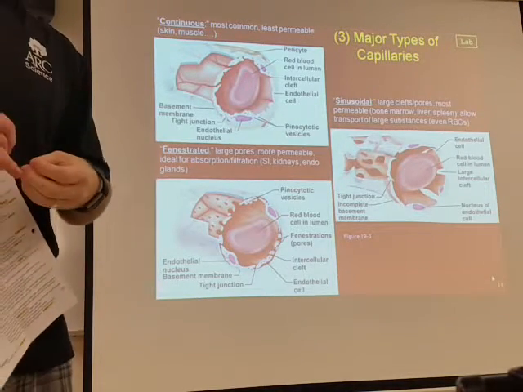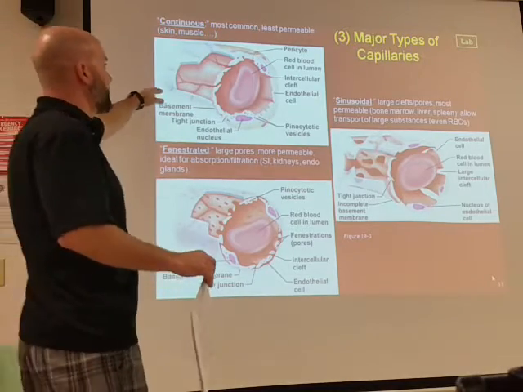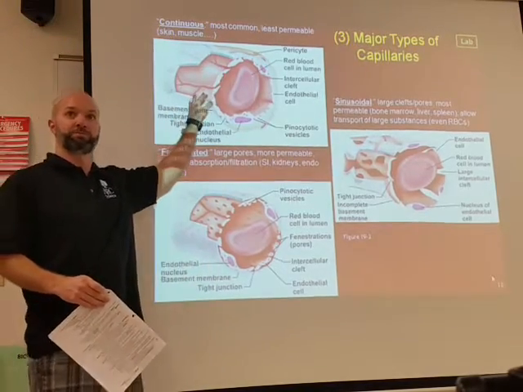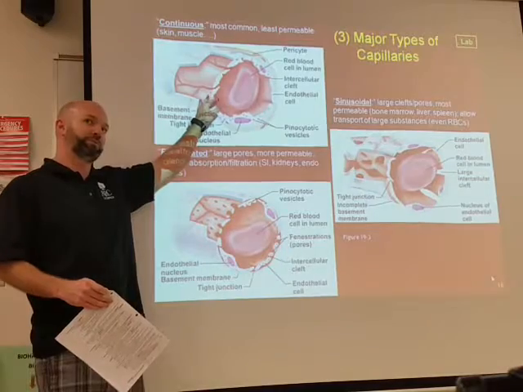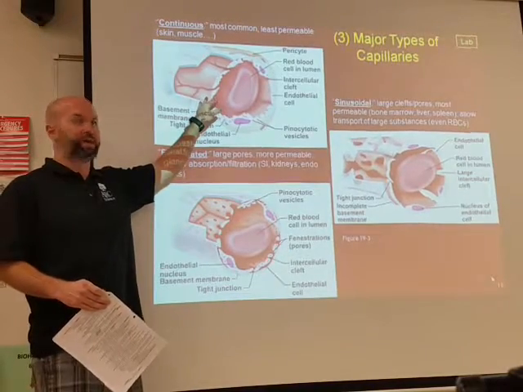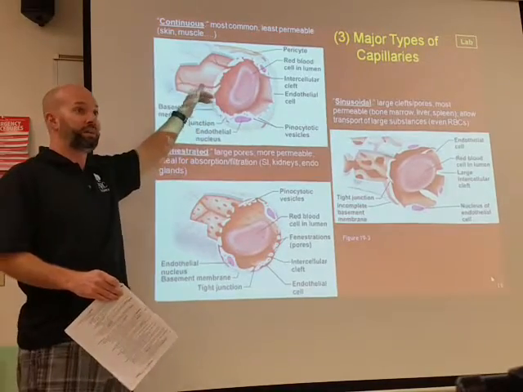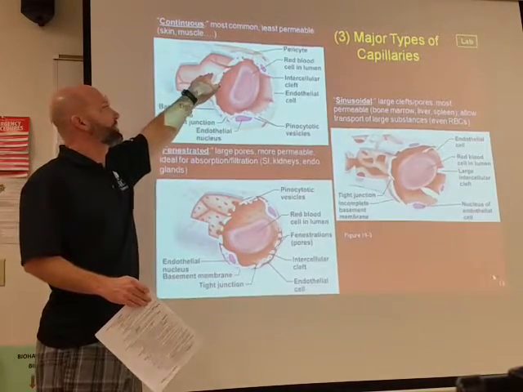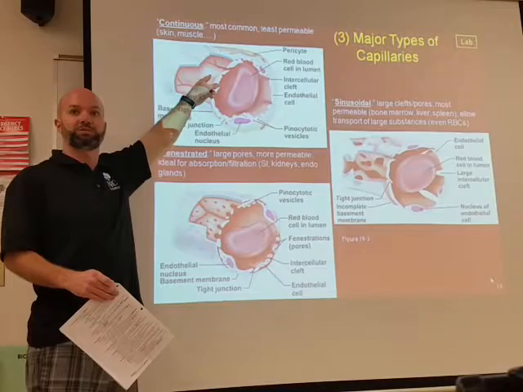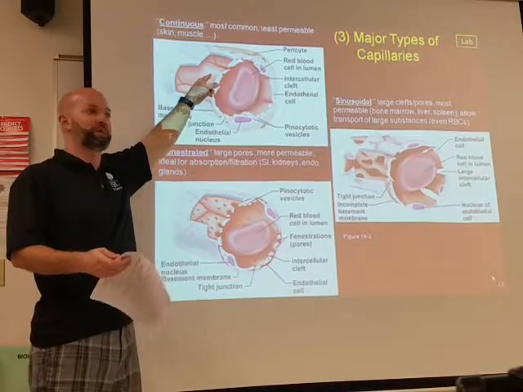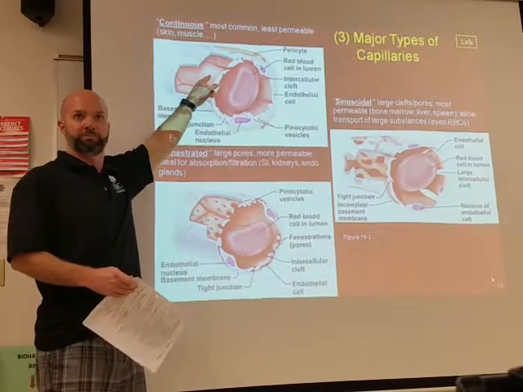Now, one way to do that across a continuous capillary is transcytosis. So if a hormone is leaving the bloodstream and affecting muscle, for example, well, then, yeah, it's going to have to cross the endothelial cell by transcytosis. That's how we move growth hormone. That's how we move insulin.